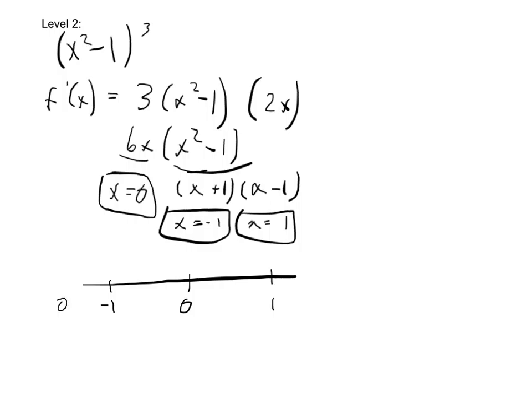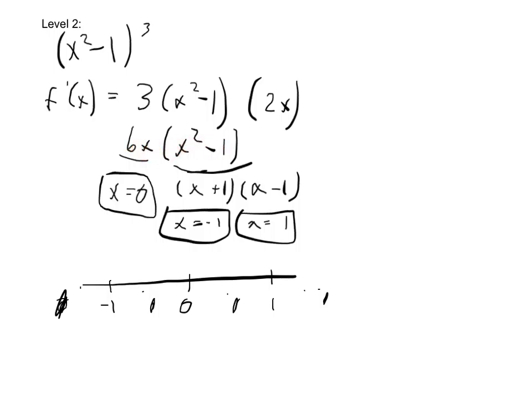I'm just going to leave a little mark here. -1 to 0, 0 to 1, and 1 to infinity. And basically to find these numbers, you're going to have to plug in these intervals, basically, where these numbers are going to be, into your derivative.